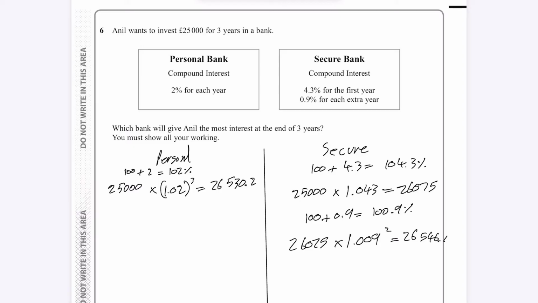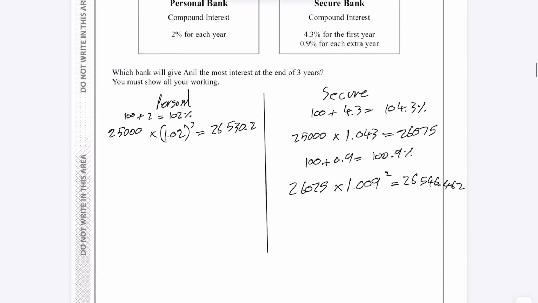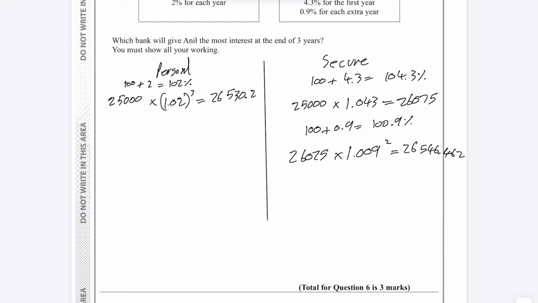And you can leave that as that. So we can see now the difference between the two. This number is higher than this number, so secure bank is a better one. So you can just write a little statement here: secure bank will give Anil the most interest.